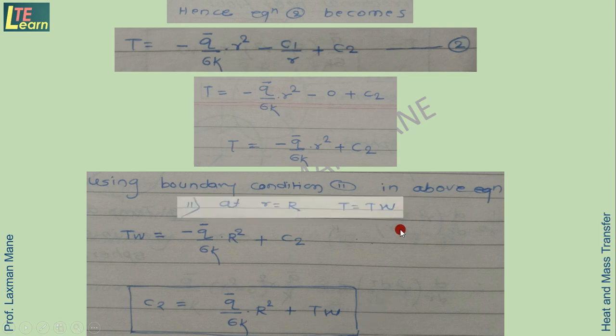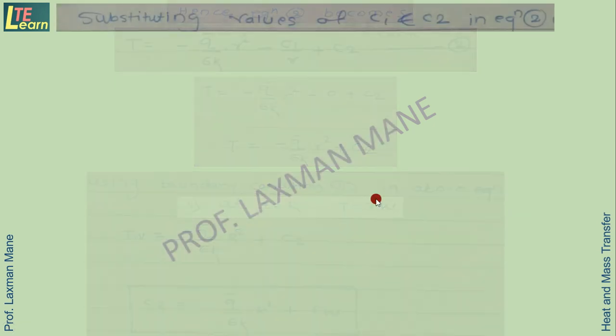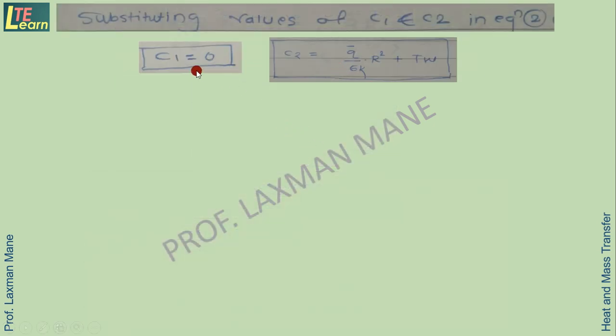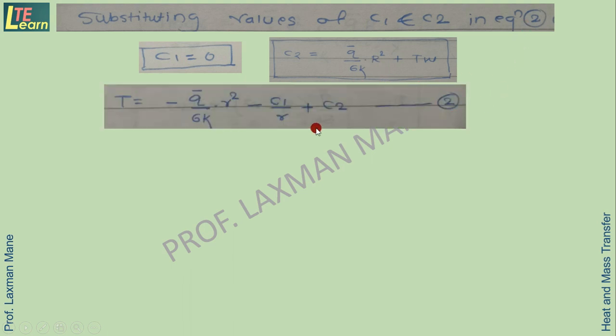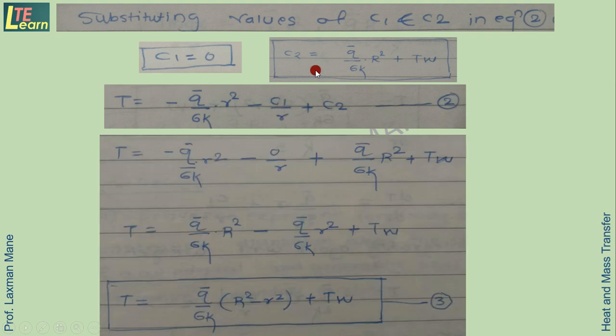Now C1 and C2, we put C1 is equal to 0 and C2 is equal to this expression in equation 2. This is equation 2. At the place of C1 we write 0, and at the place of C2 we write this expression.